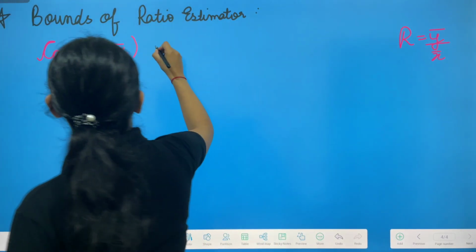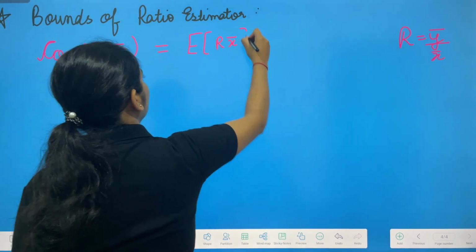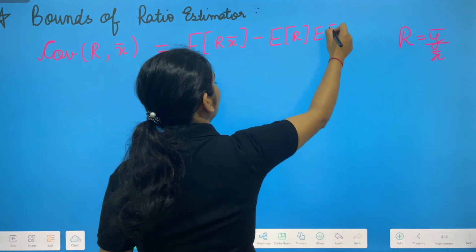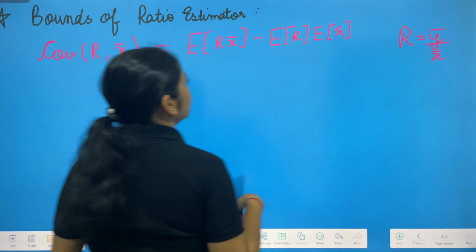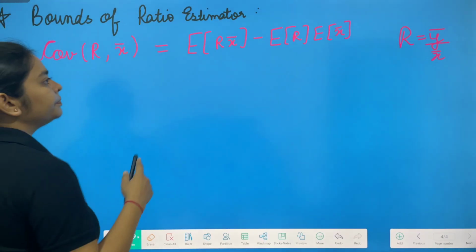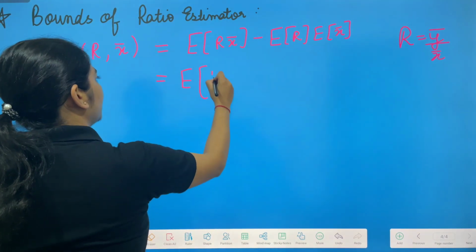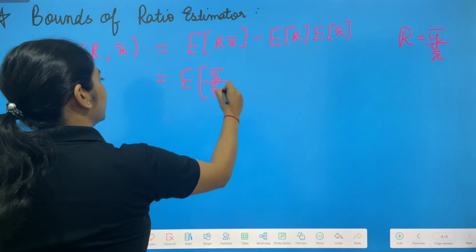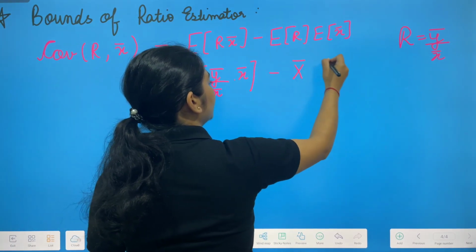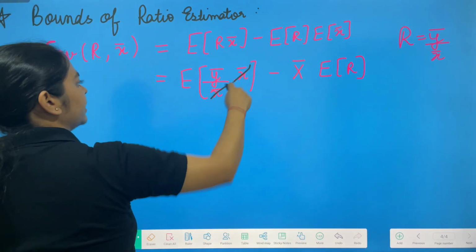So covariance between this will be estimation of R x bar minus estimation of R into estimation of x bar. Since this has been taken out from simple random sampling, estimation of x bar will be capital X bar, and here R can be substituted as y bar upon x bar into x bar, minus estimation of x bar, which will be capital X bar, into estimation of R. So this and this will get cancelled.